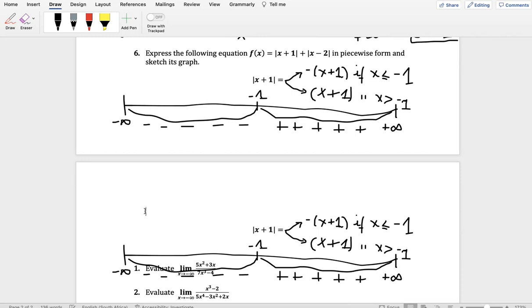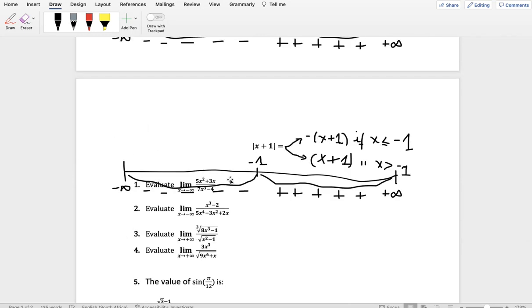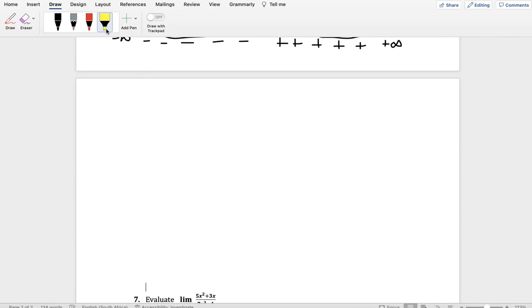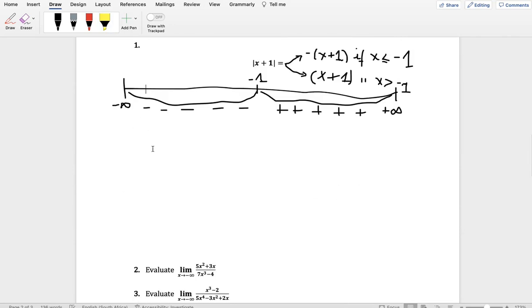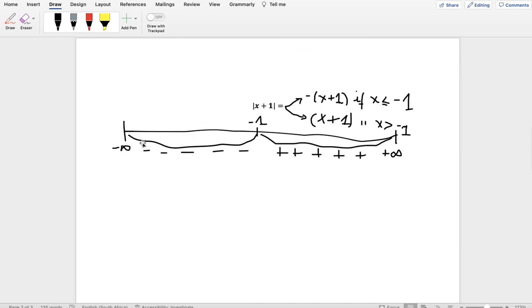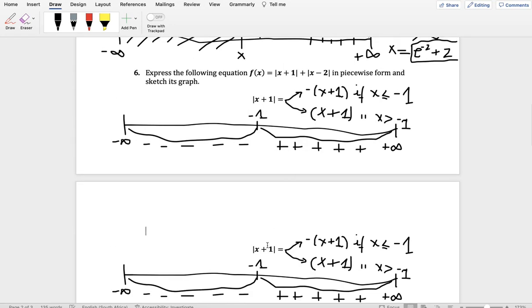Then we'll do the same for x minus 2. So let's repeat the same process for x minus 2.